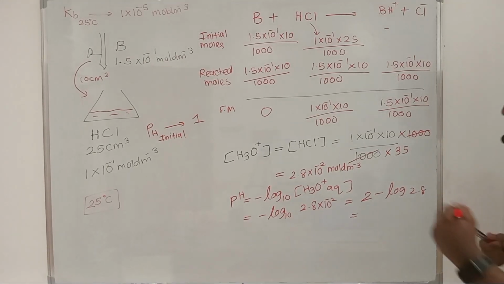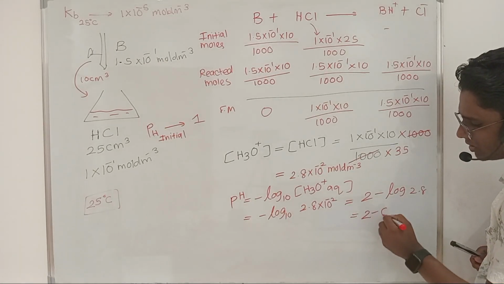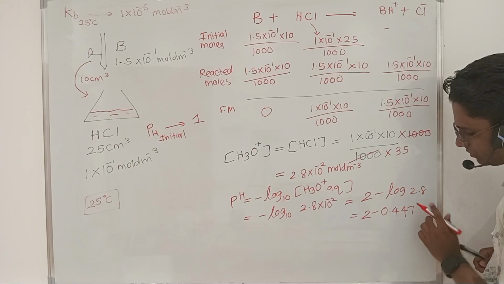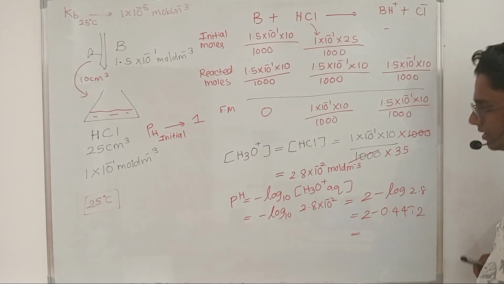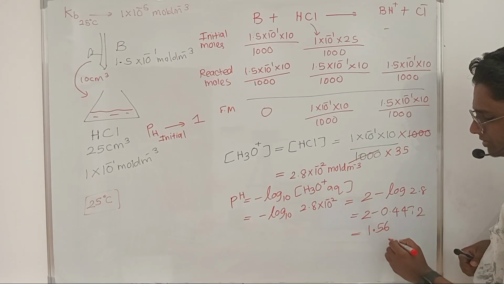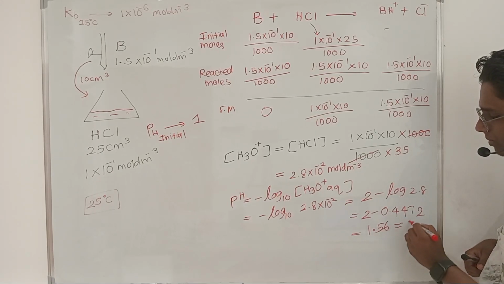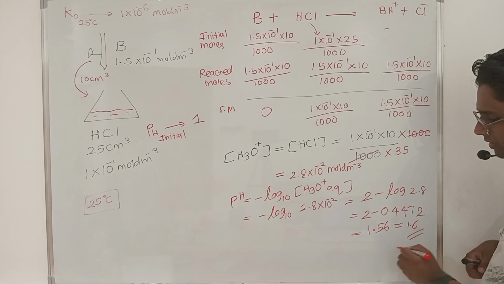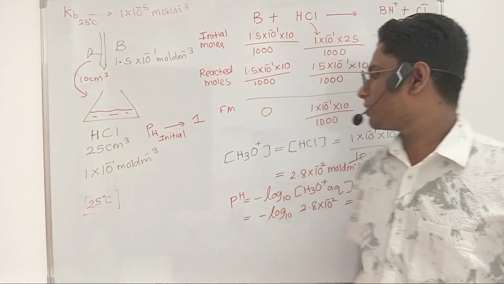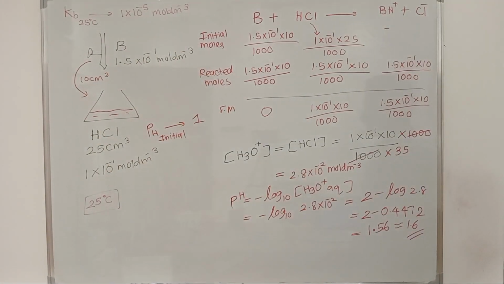It is 0.4472. So 2 minus 0.4472, the answer will be 1.56, so approximately you can take 1.6. So the answer is 1.56. That is the pH of the solution after addition of 10 centimeter cube of the weak base. Did you all get it?